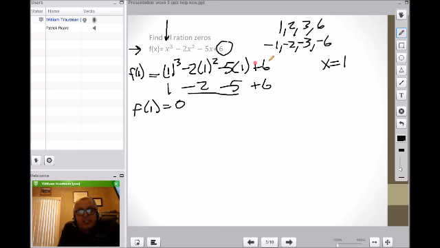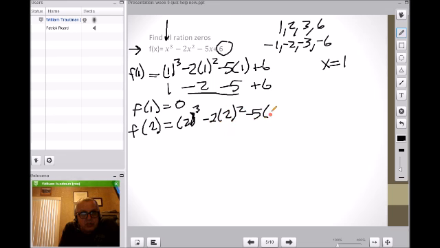You see, anything that equals 0 is a solution. Let me find a number that probably is not a solution. I don't know. Let's try 2. Let's see if 2 is a solution. 2 to the third power minus 2 times 2 squared minus 5 times 2 plus 6. 2 to the third power, 2 times 2 times 2 is 8. 2 squared is 4 times a negative 2 is a negative 8.